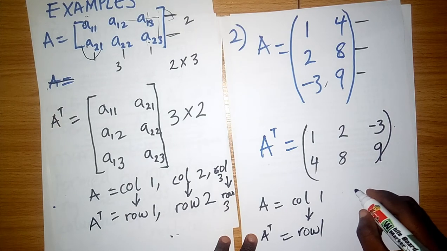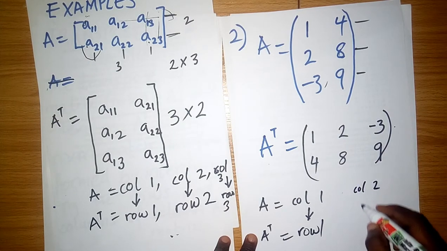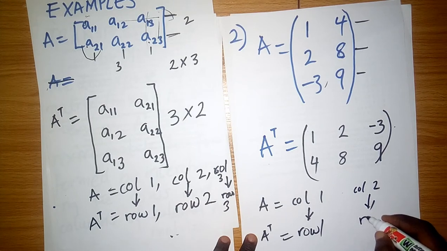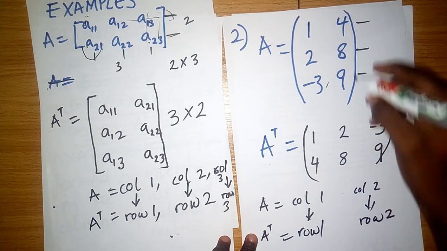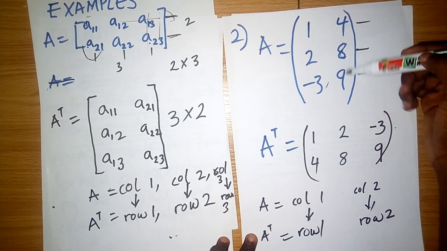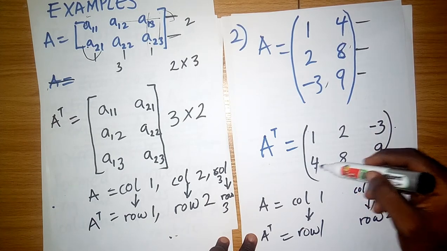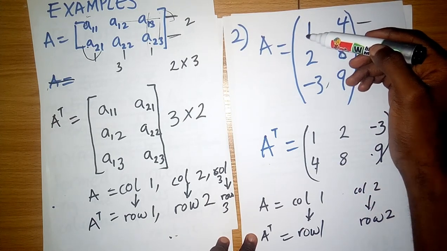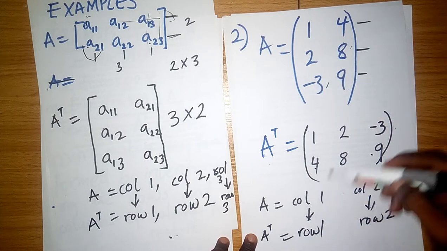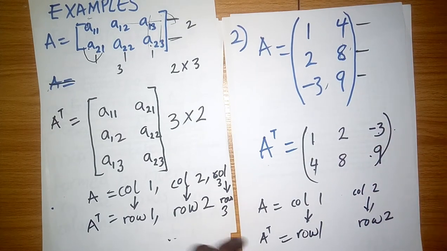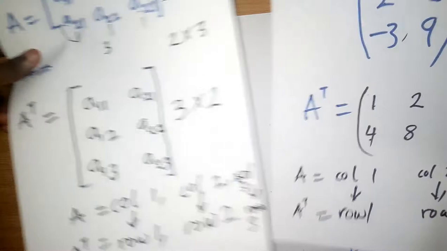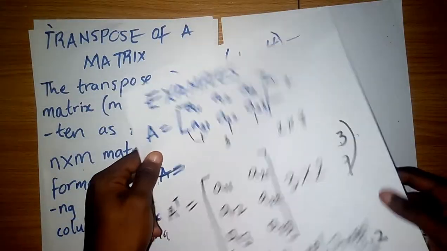And column 2 has now become row 2. So column 2, 4 8 9, has become row 2, 4 8 9. Column 1, 1 2 minus 3, has become row 1, 1 2 minus 3. That's basically what transpose is all about.